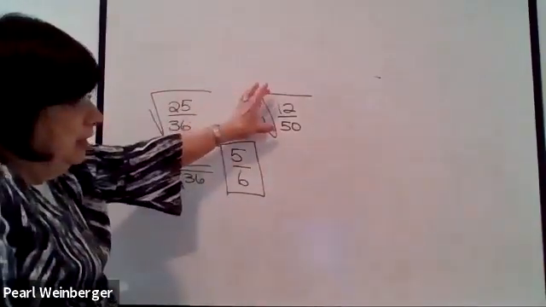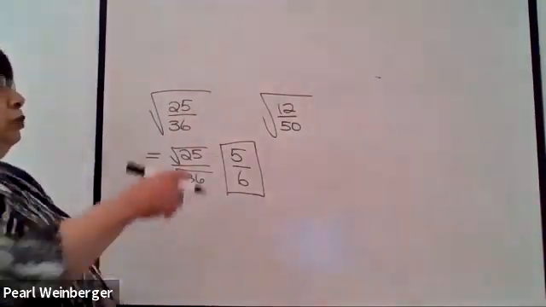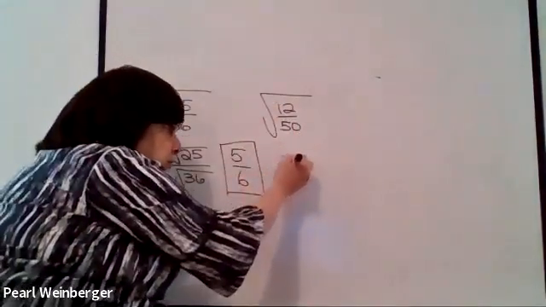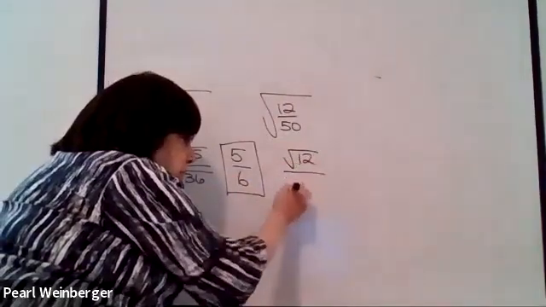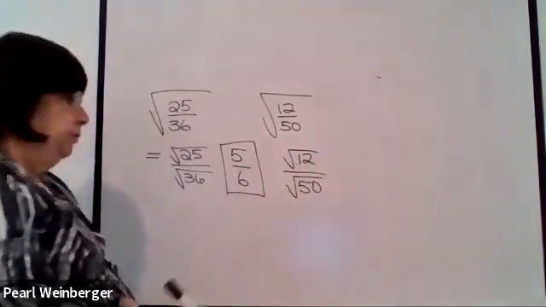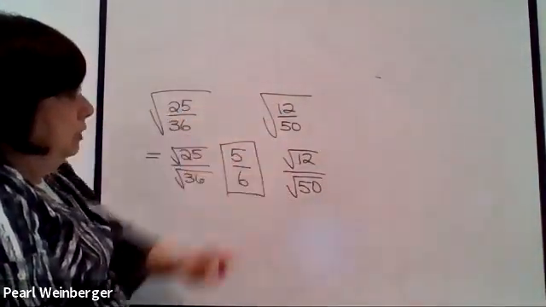Whenever I see a fraction inside a radical, I'm going to put the square root of the numerator over the square root of the denominator. In other words, I'm going to separate it into radical 12 over radical 50.